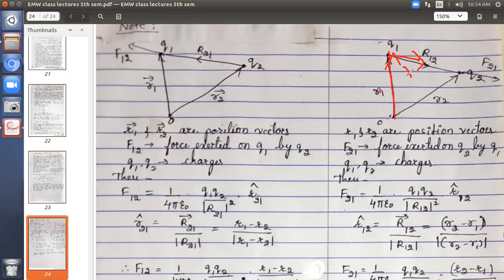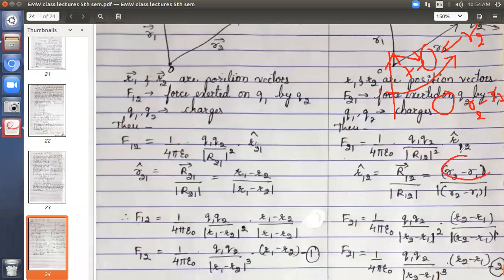This plus this is equal to the third one, that is R2. So R12 is equal to R2 minus R1. Take this to the right hand side. Hence it is R2 minus R1 divided by the magnitude. Substitute that unit vector in the force equation. So force will be this.